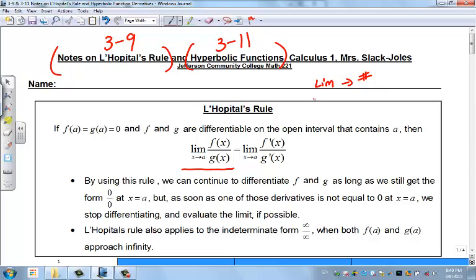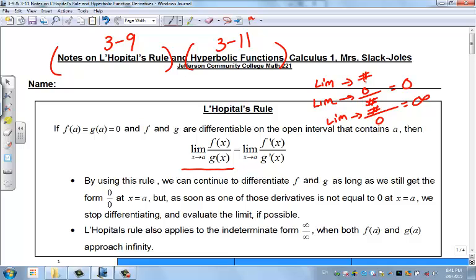You can have the limit where you get 0 in the top over something, and that means the answer is going to be equal to 0. Or you can get a limit where the top approaches some number and the bottom approaches 0, and that's going to give you a limit of infinity. Okay, so those things can happen.